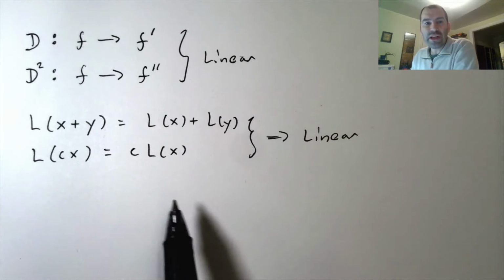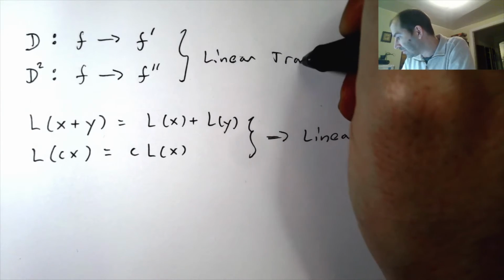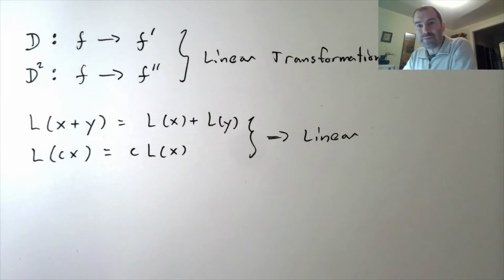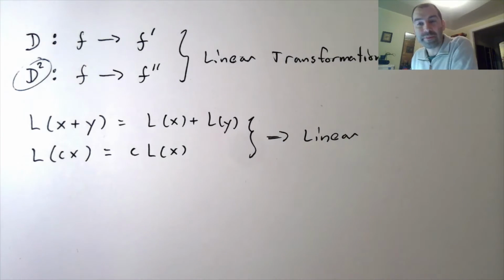And a linear mapping on a vector space is called a linear transformation. So these are actually linear transformations. Now, when you have a linear transformation, you know from linear algebra that one thing you can look for are eigenvalues and eigenvectors. So we're going to be dealing with this guy right here.